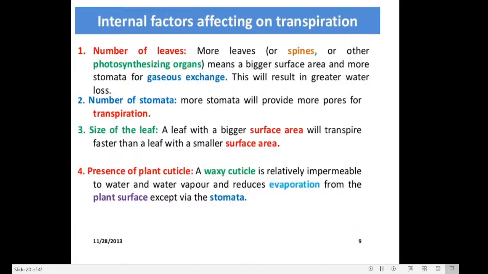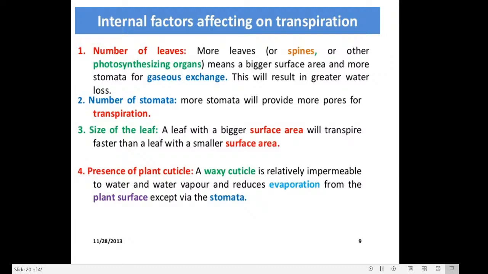The major factors affecting this are the number of leaves. The more leaves there are, the bigger the surface area and the more stomata for gaseous exchange. This results in greater water loss. So if there are many stomata on the leaf, more water loss happens to the plant.